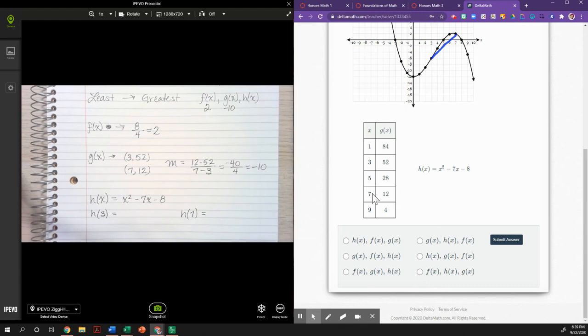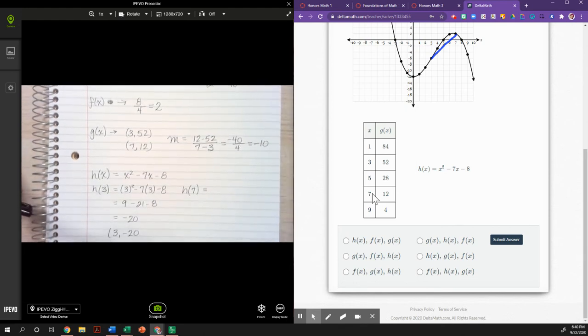This one's got a little more work involved. So I've got 3 squared minus 7 times 3 minus 8, which is 9 minus 21 minus 8. I'll use my calculator so I don't mess it up. That gives me negative 20.